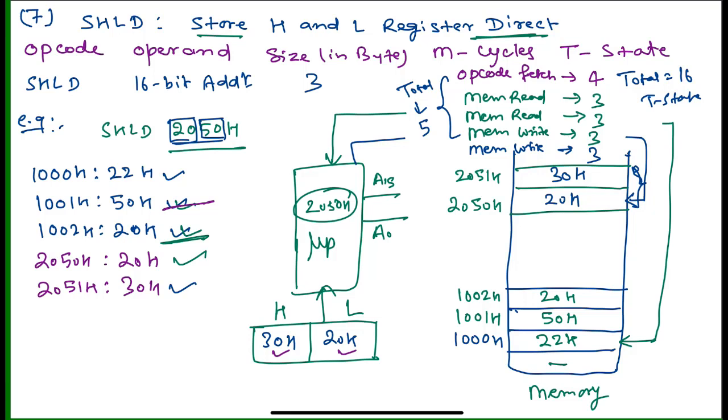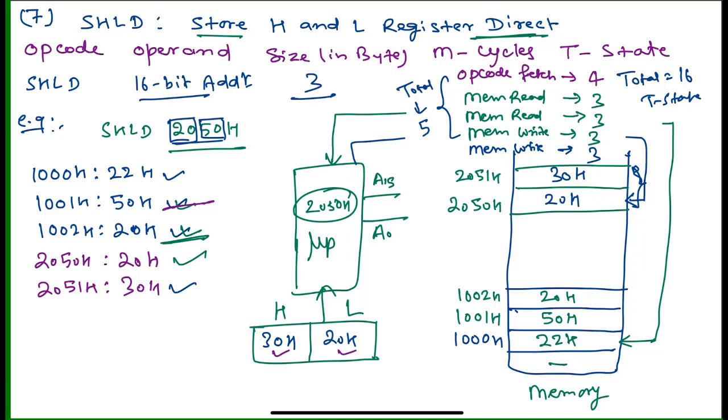So if we compare this SHLD with the LHLD, their operand has the same format, their size is also the same, their number of machine cycles and number of T states is also the same, only the type of machine cycle has changed. So opcode fetch is the same in LHLD as well as in SHLD, so that operation is common.